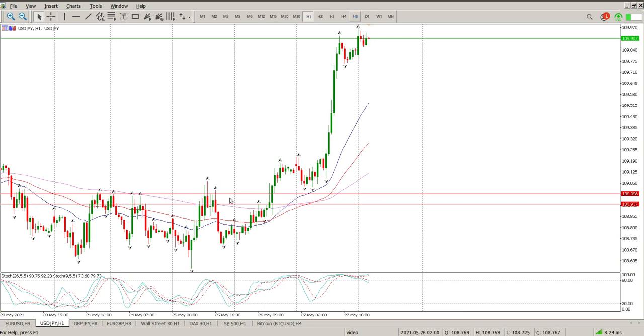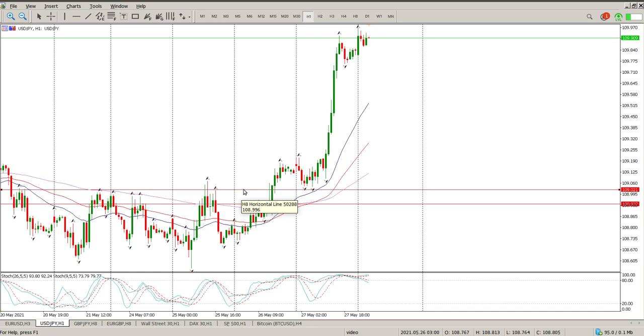Okay, so let's just look at the hour. You can see yesterday, well, during yesterday's video, I was looking for a pullback onto some structure here to come and test these breaks before buying into it. Didn't quite happen, but just to show you that this is not an exact science.